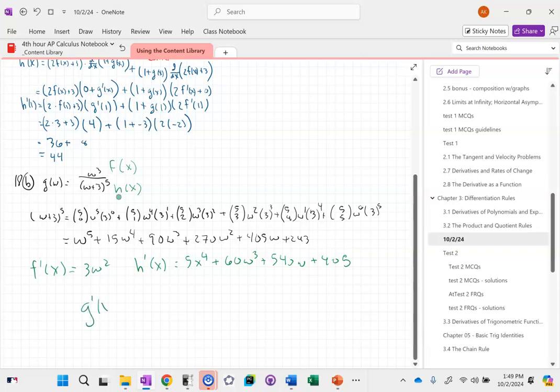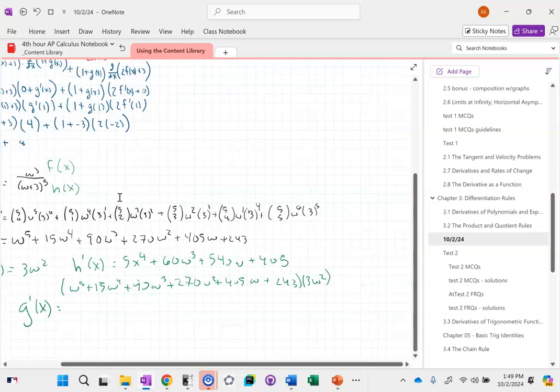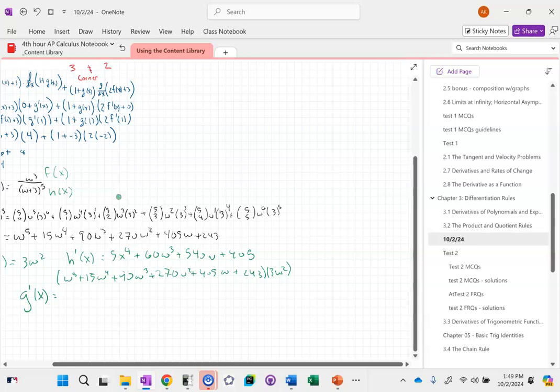So g prime then is going to be the bottom, actually, let's do the whole thing, times the derivative of the top minus the top times the derivative of the bottom.